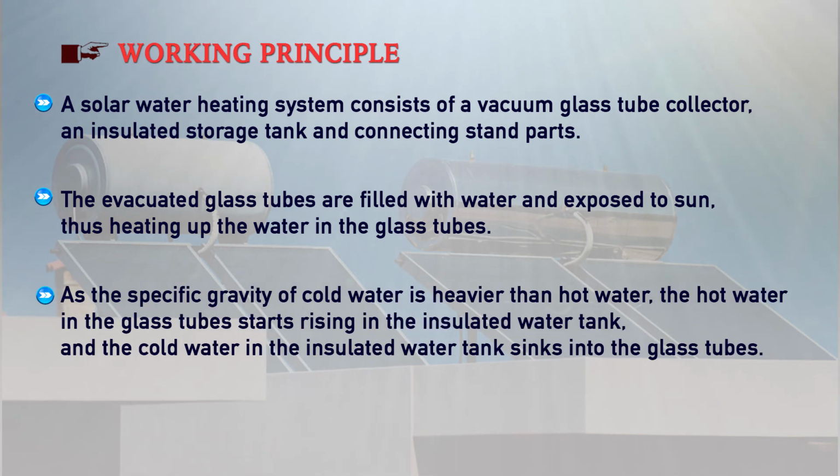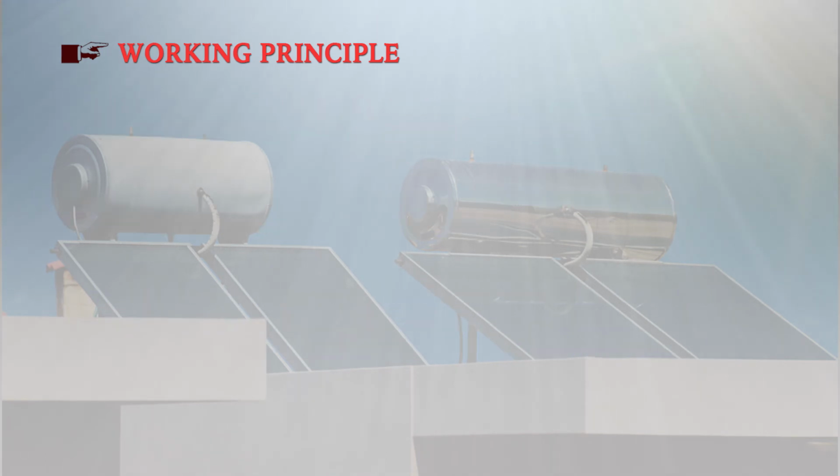As cold water is heavier than hot water, the hot water in the glass tubes starts rising into the insulated water tank, and the cold water in the tank sinks into the glass tubes. As this cycle is repeated, water in the solar water heater gets heated.